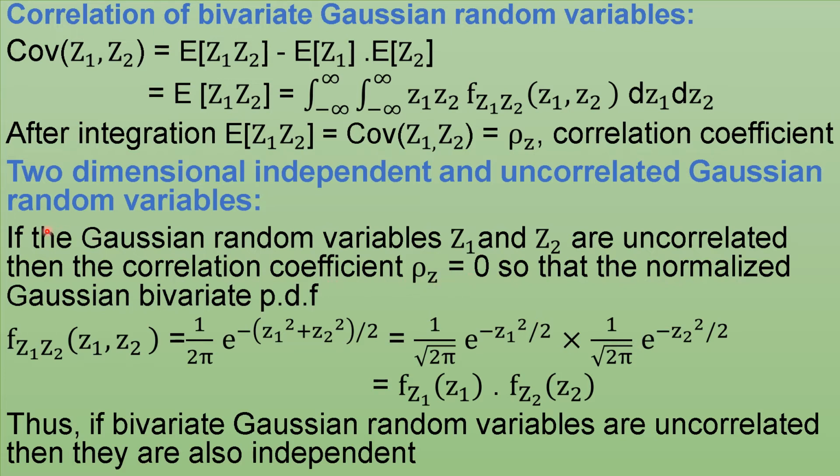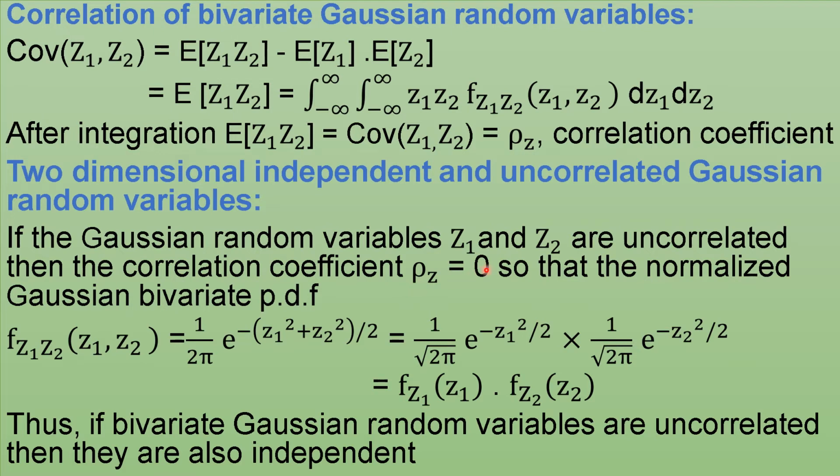So here we are considering bivariate Gaussian random variables Z1 and Z2. Suppose that they are uncorrelated, then the correlation coefficient between Z1 and Z2, denoted as rho Z, will be equal to 0.